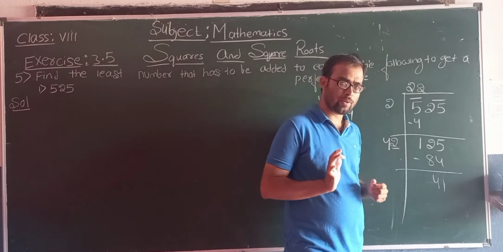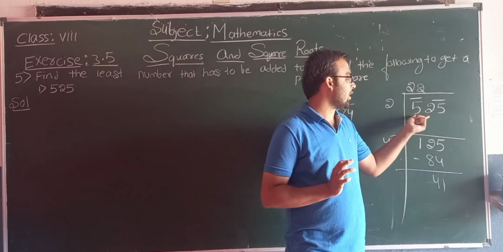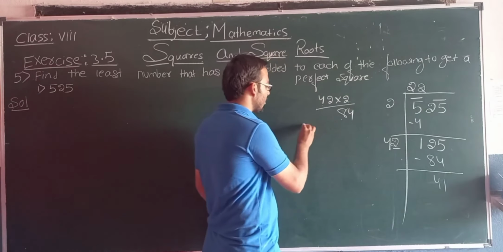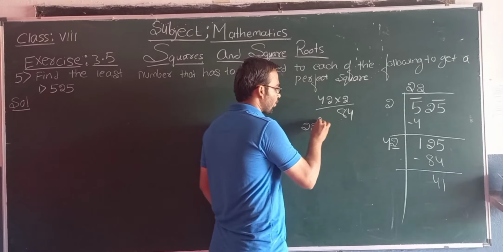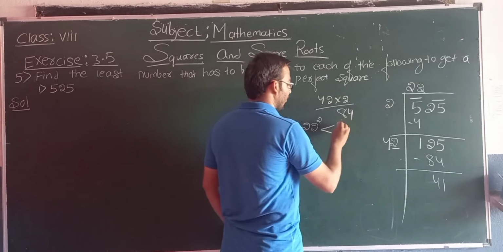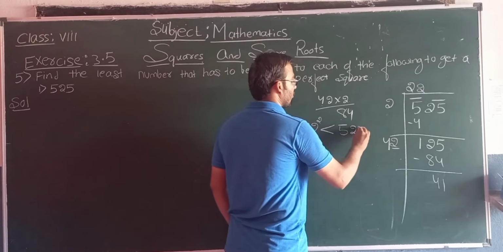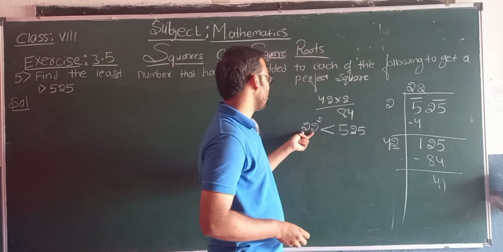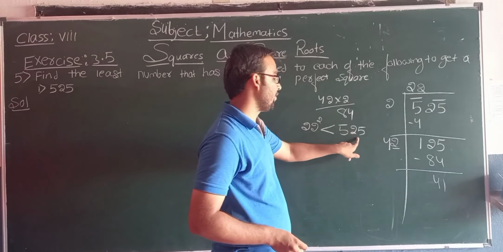Okay, so what is meant by this? As we have not got the remainder as 0, this is not a perfect square. Here students, what does it mean? That is, 22 square is less than 525. As we have got the remainder, 22 square is less than 525.